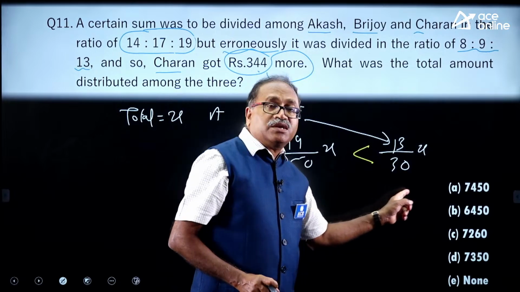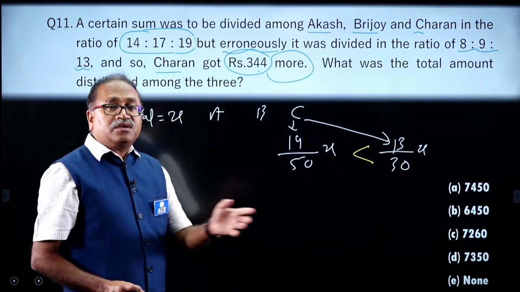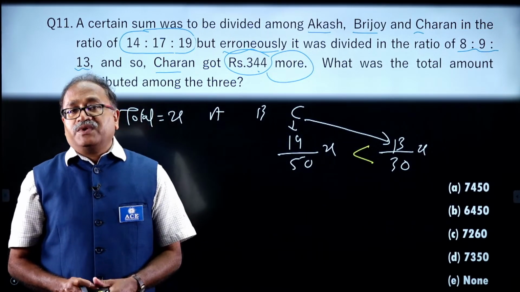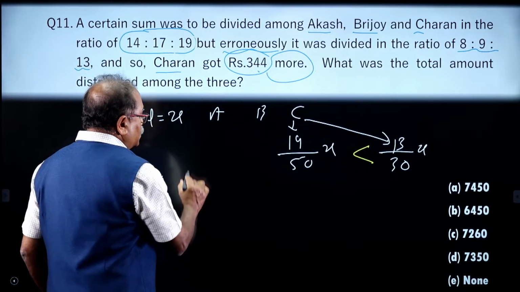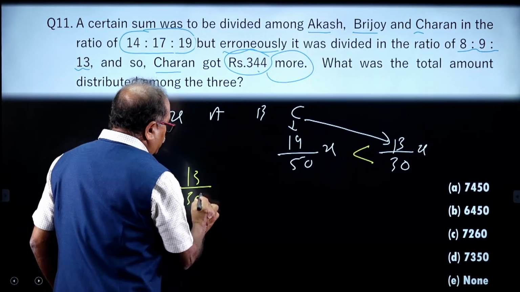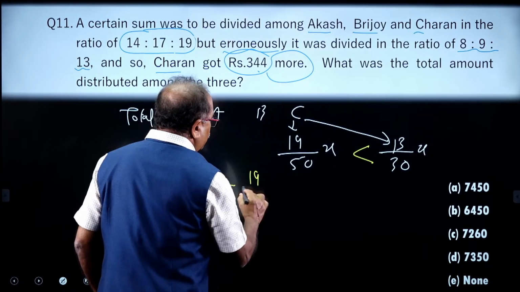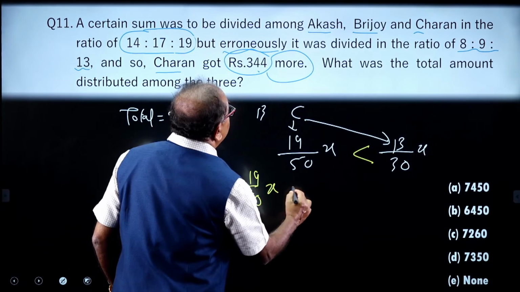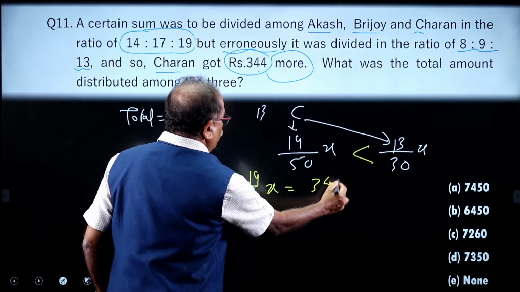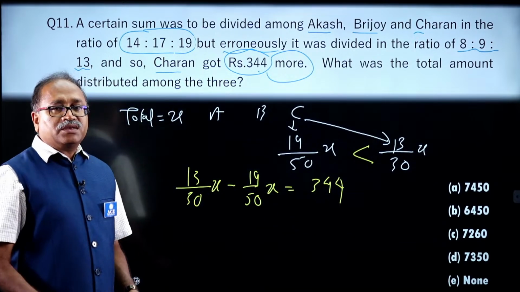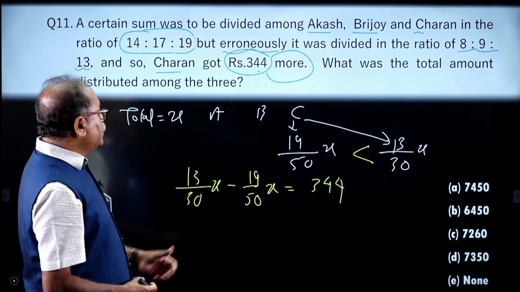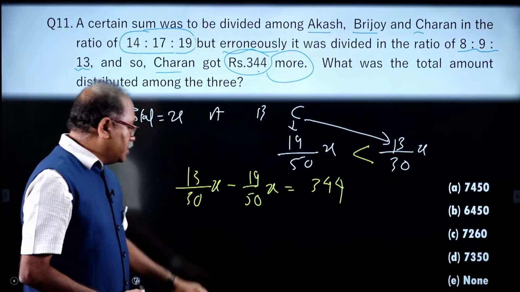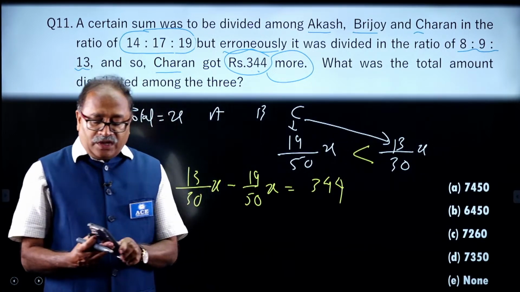That means 13 by 30x is greater than 19 by 50x. So let us write down this one. 13 by 30x minus 19 by 50x is equal to 344. I get this equation. What I need to find out is the total money distributed, what is the X value? Come on, my friends.